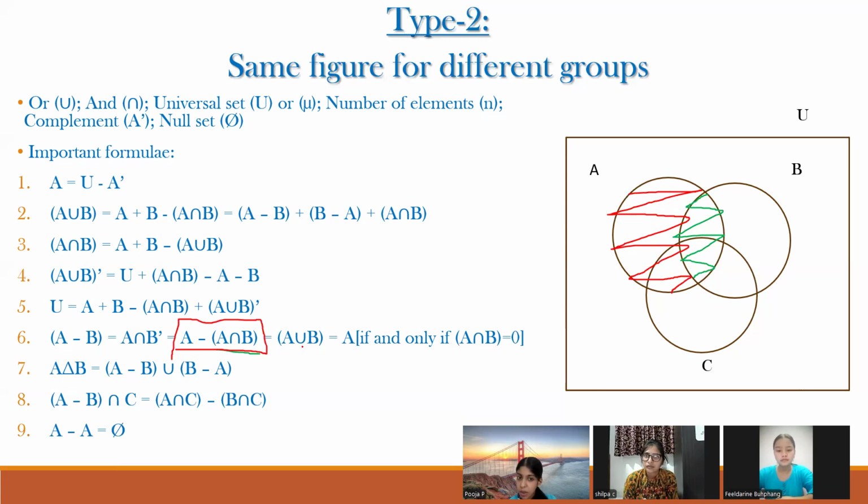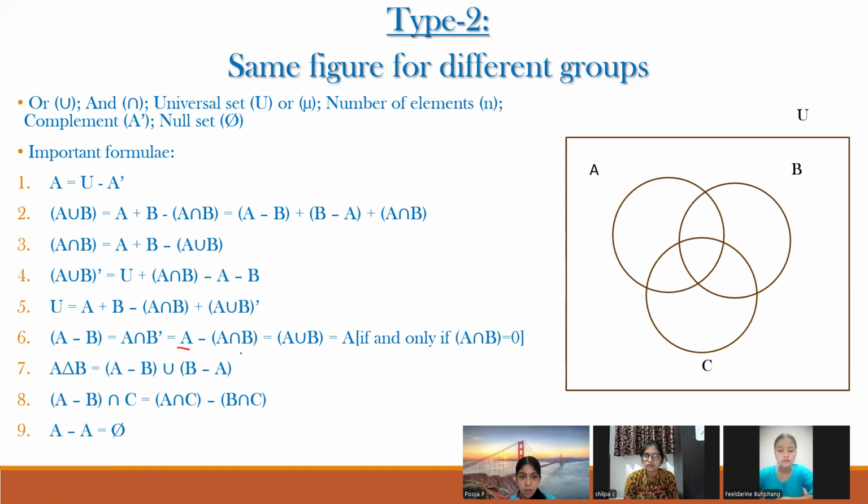It is also equal to A if and only if A intersection B is 0. How? I will tell you.